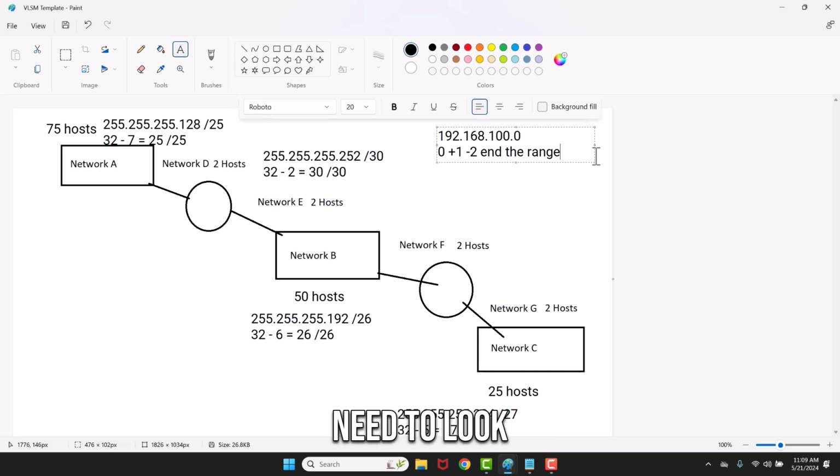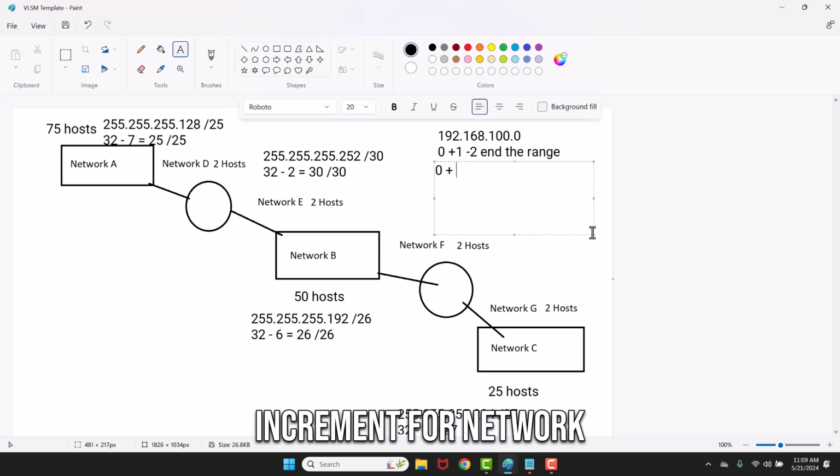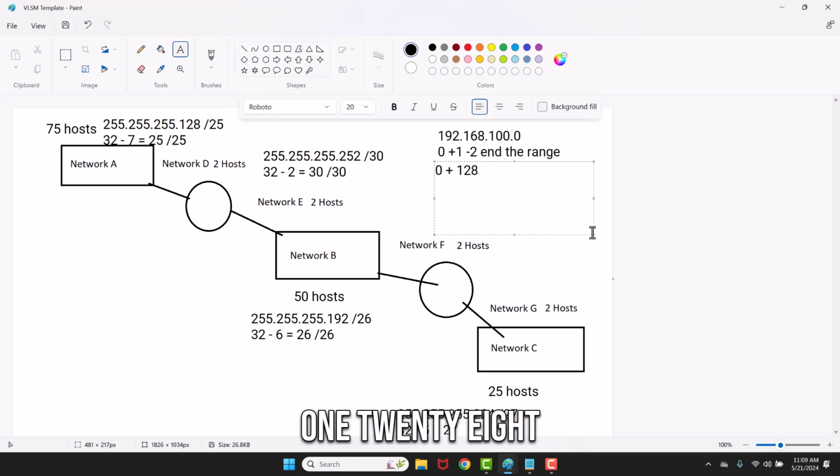So the first increment is 0. But then we need to look at what is the increment for network A. And it's not going to be the same every single time. It's going to change every single network. So I start with 0, and I add to it the increment for network A, which is 128. So my next starting value for network B is a network ID of 128, to which I'm going to add 1 and subtract 2.